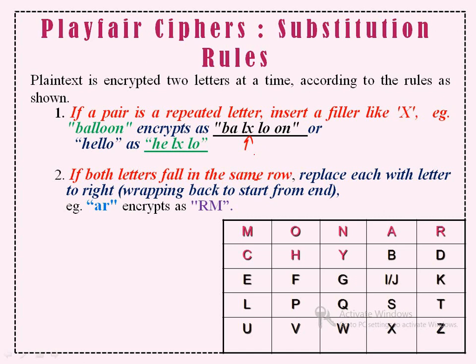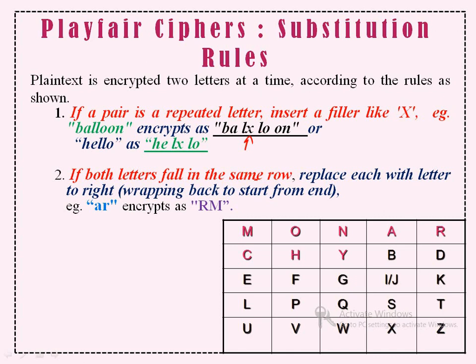Second rule is, yes please. It's just a rule. This has nothing to do with the key set. This is not the key set. I'm talking about the plain text. In the plain text, suppose you have 2 letters common, then you can replace that by an X. But in that case, if you are using LX, you are making ON, right?